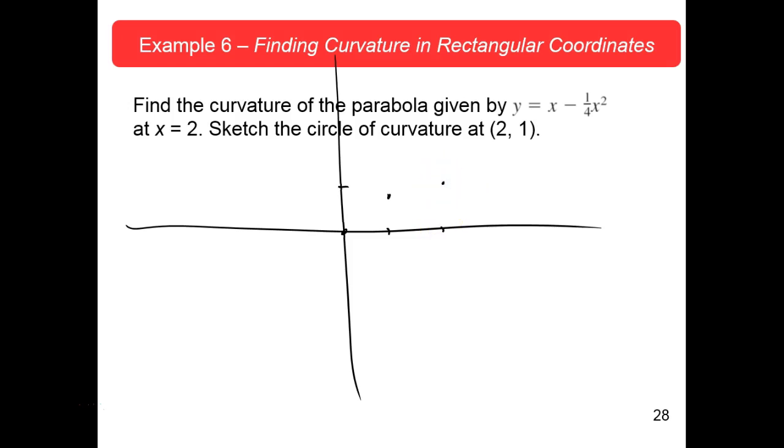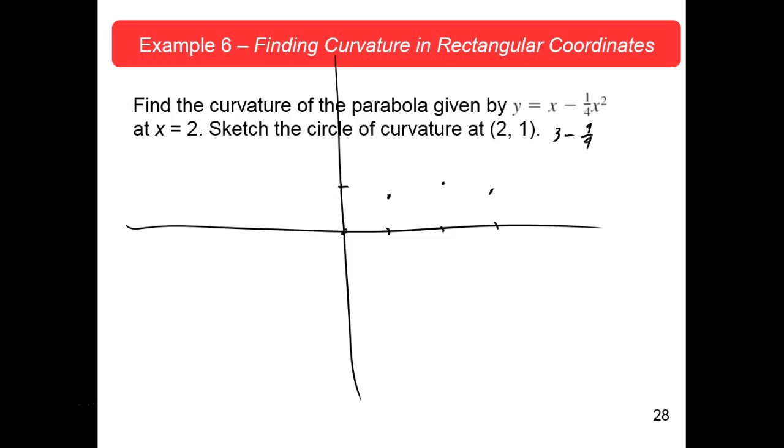When x is equal to 3, that would be 3 minus 9/4, which would be 12/4 minus 9/4, so 3/4 again. Looks like that's going to be part of your circle there, and (2, 1), sure enough, looks like the vertex of your parabola, doesn't it?